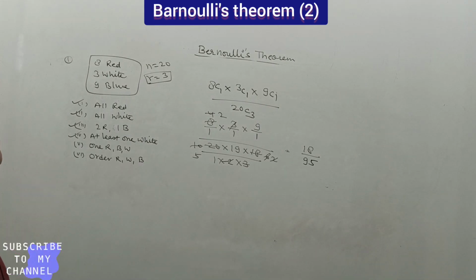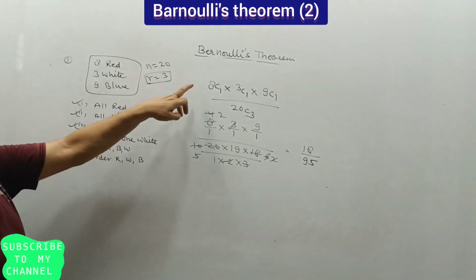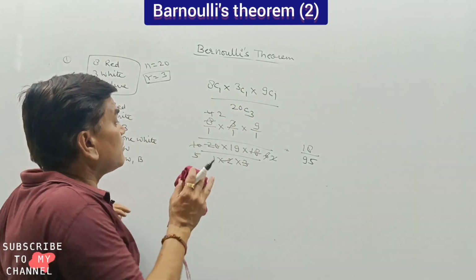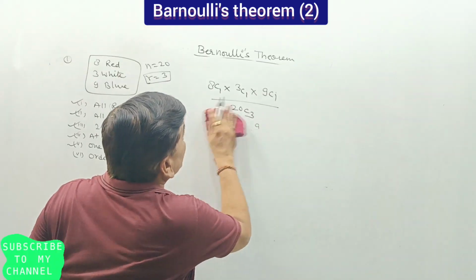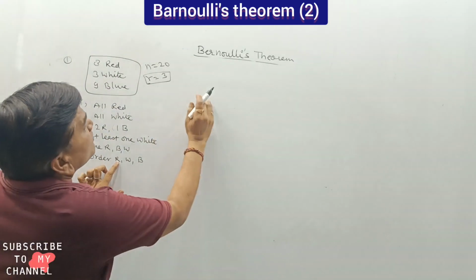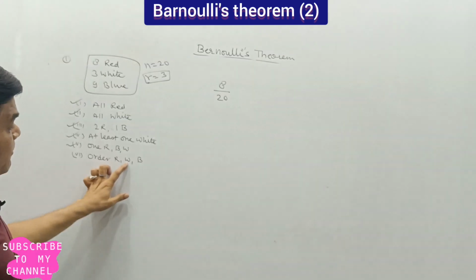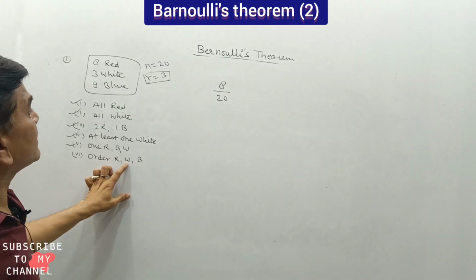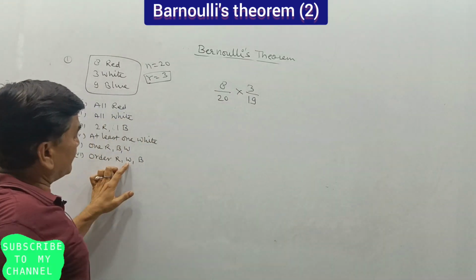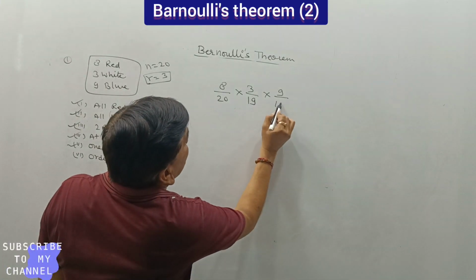Now 1 1 each is over there. So 1 1 each: 1 red, 1 white and 1 blue. Now the order is also that first ball will be red. So probability of first ball red is 8 upon 20. For getting second ball white, 3 upon 19. And third ball is blue, so that is 9 upon 18.